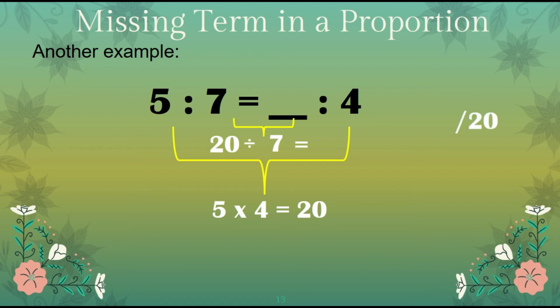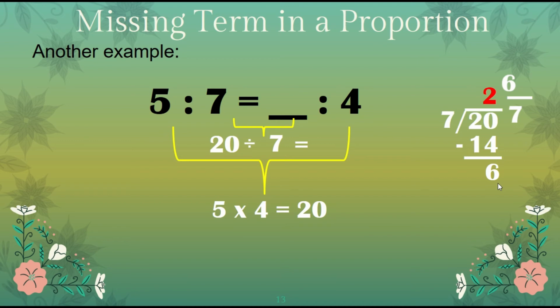So let's divide it. 20 divided by 7, kasi hindi siya eksakto. 2 times 7, we have 14. Subtract 20 minus 14, we have 6. So since may remainder, gagawin natin siyang fraction.